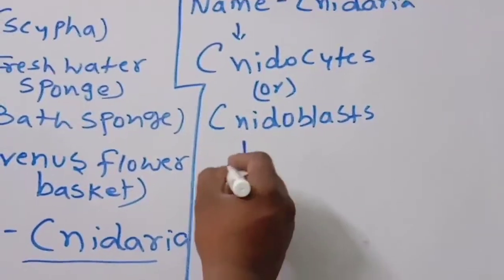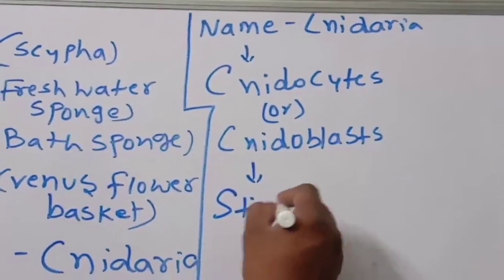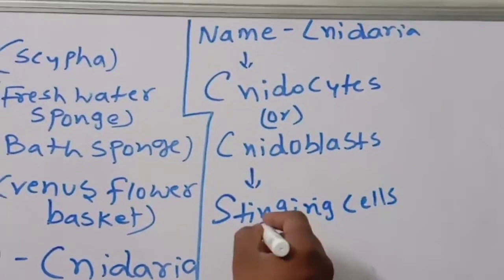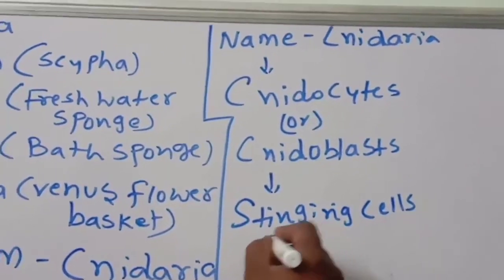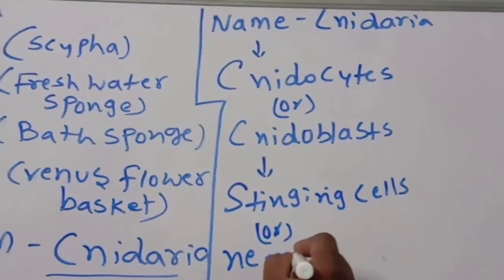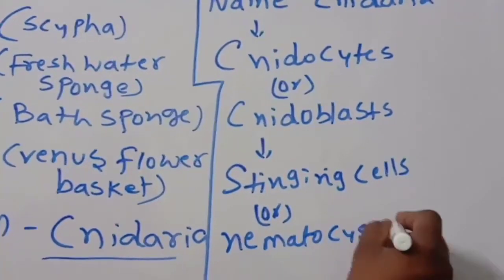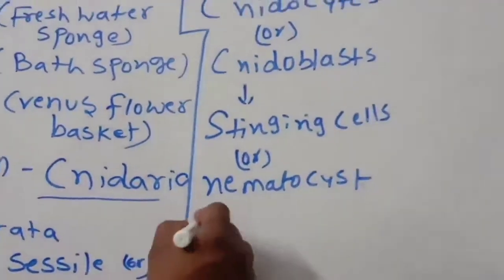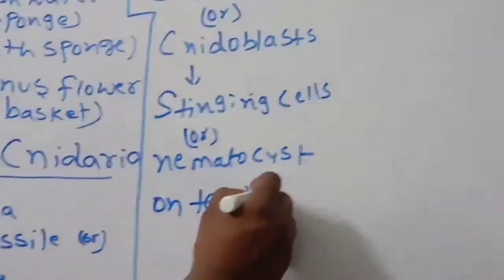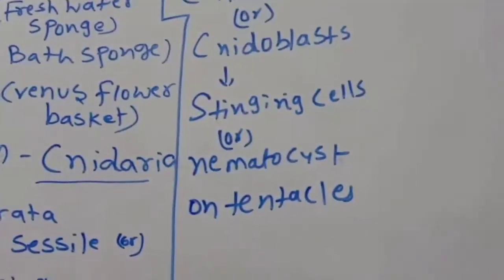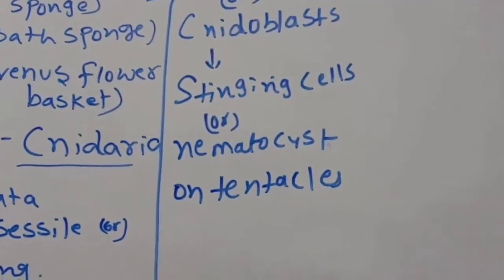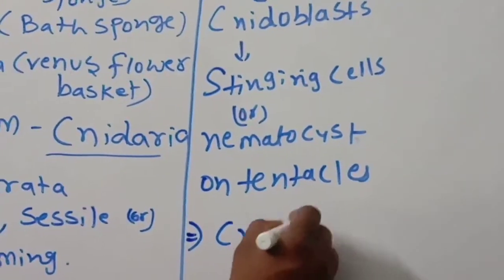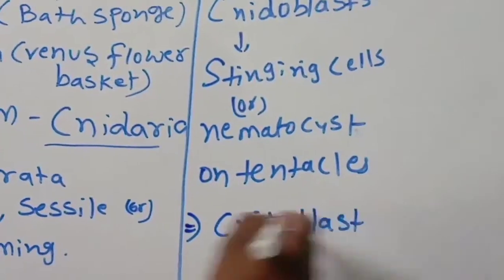And they also have stinging cells, or nematocysts. Remember, these are very important points on the tentacles. So these are cnidoblasts or cnidocytes.